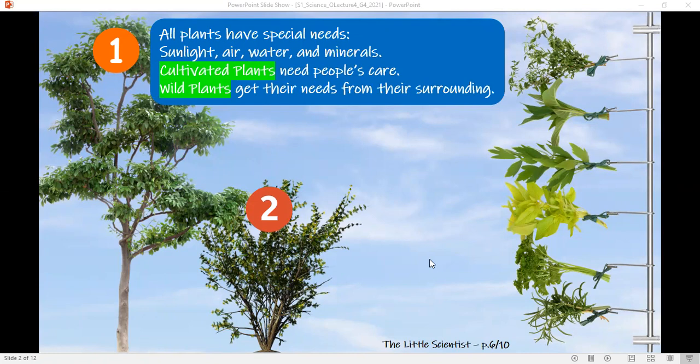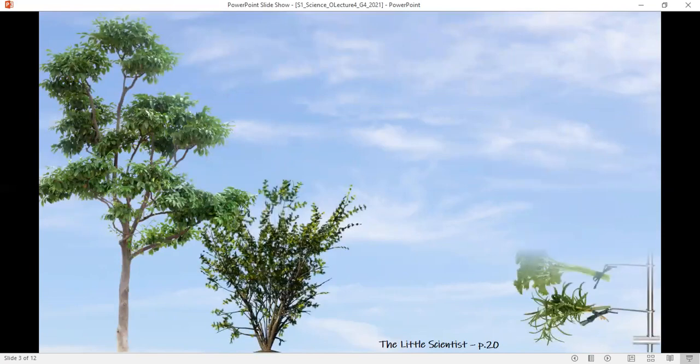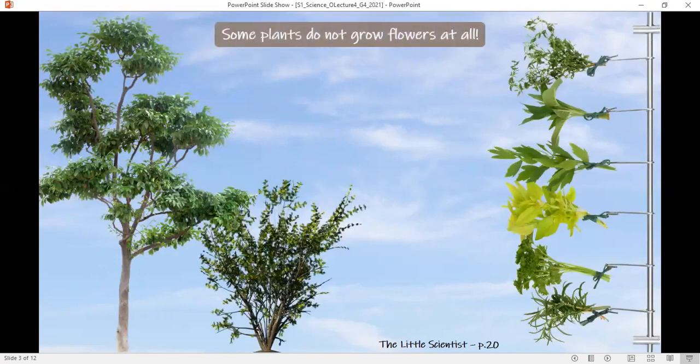So if you want to classify plants into cultivated and wild plants, you have to look at the one taking care of these plants. Most plants on earth, trees, shrubs, herbs, are flowering plants.